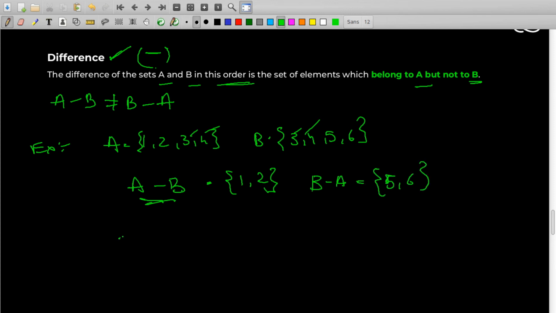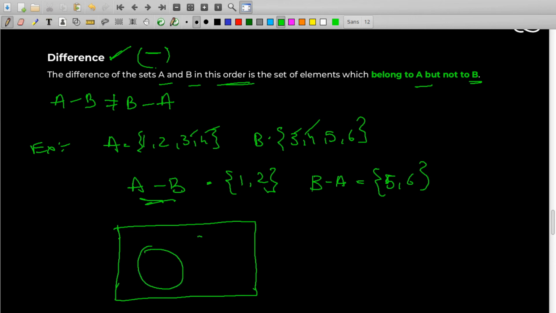Let's understand this with a Venn diagram. Actually, that makes it really clear. If you take A and B, and they have an intersection here, then the A minus B part is this one, leaving the intersection, and B minus A is this one, leaving the intersection again.